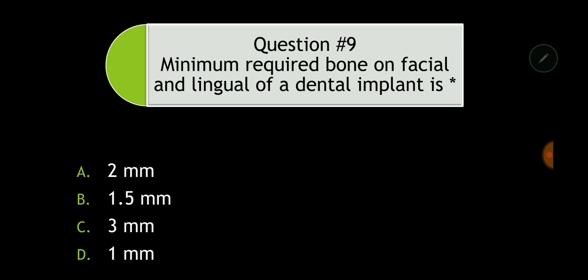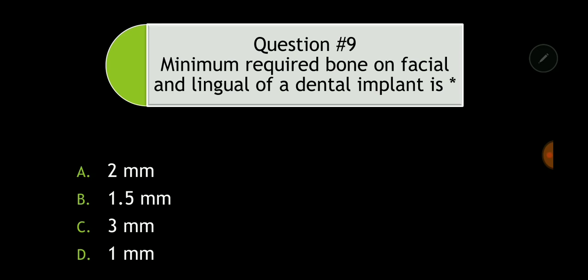Question number 9. What's the minimum required bone on the facial and lingual of the dental implant? So make sure you know. Is it A, 2 millimeters, B, 1.5 millimeter, C, 3 millimeters, or D, 1 millimeter?